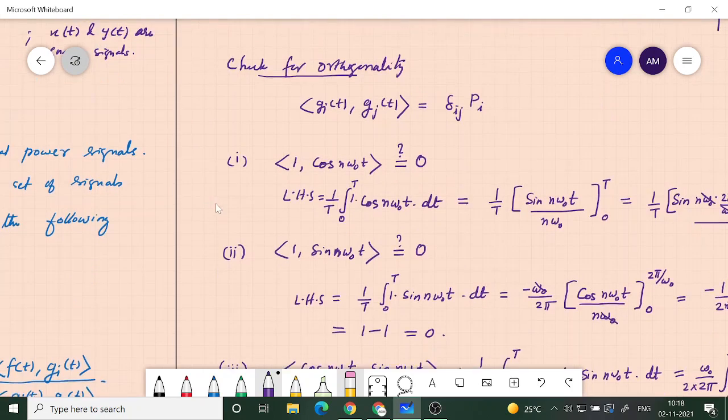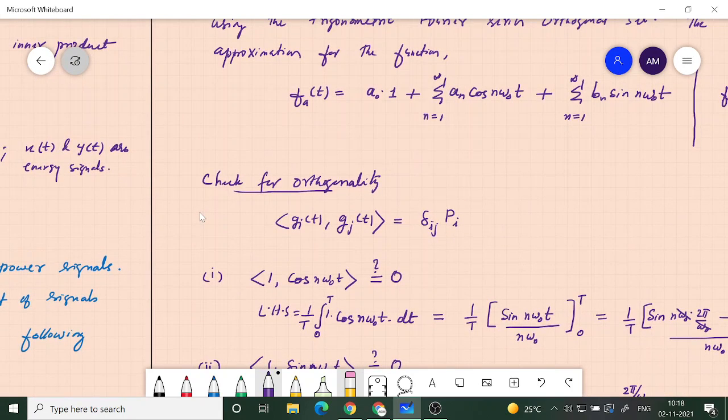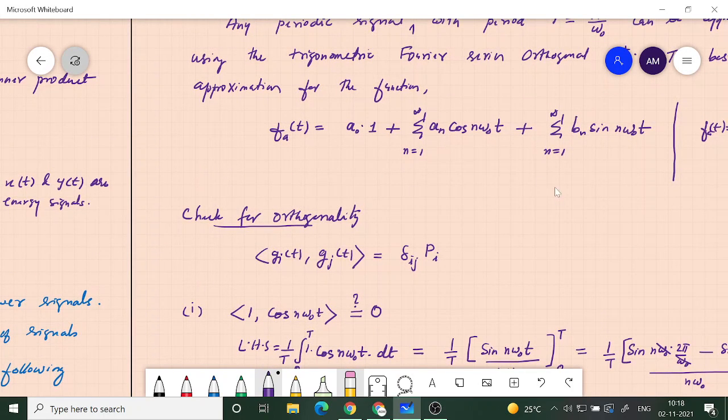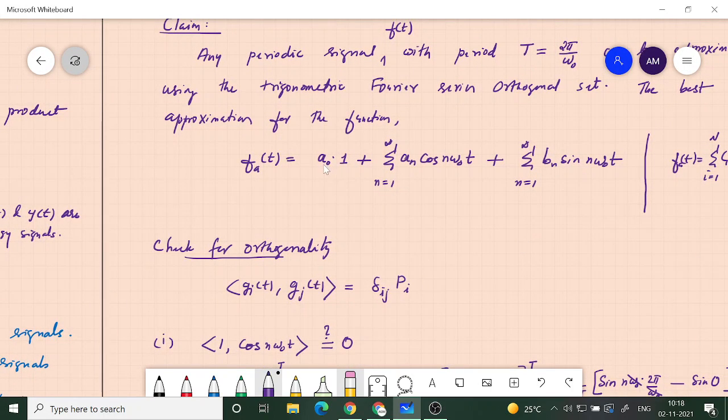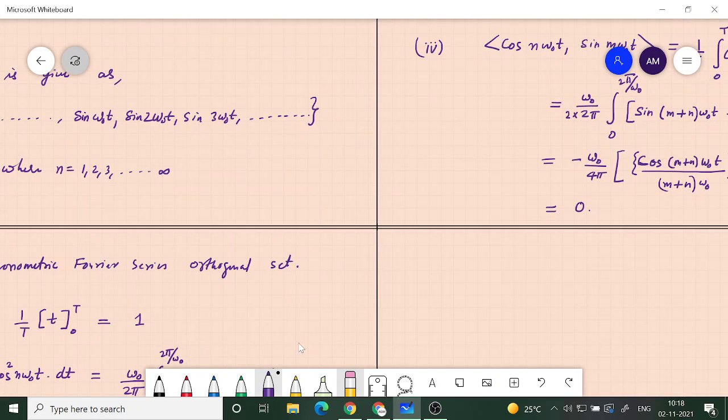We just showed that they form an orthogonal set. We have checked the orthogonality. So now let us evaluate these constants using the formula that we derived earlier. What is A0? What is An? What is Bn? Okay. So let me just do that.